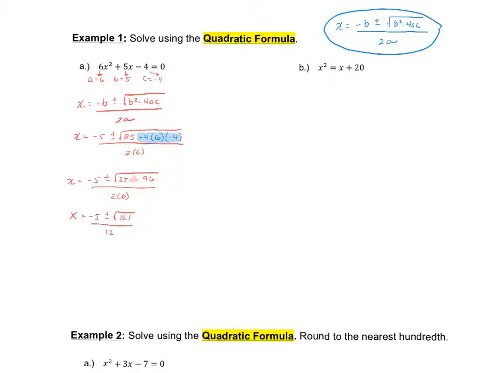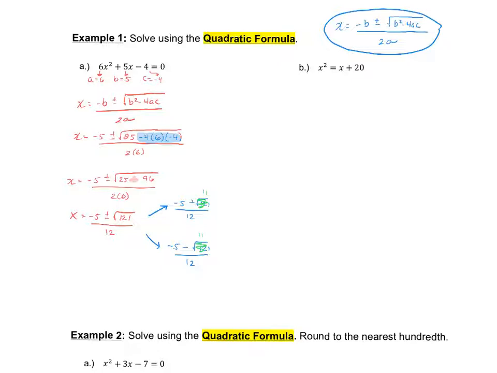And so I need to write 2 math problems right now. I have negative 5 plus the square root of 121 over 12, and I have negative 5 minus the square root of 121 over 12. And I know that the square root of 121 is 11, so now I'm able to calculate these.